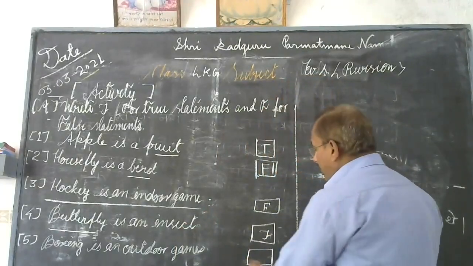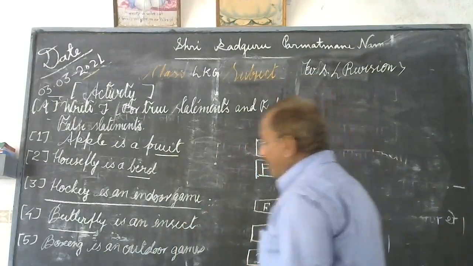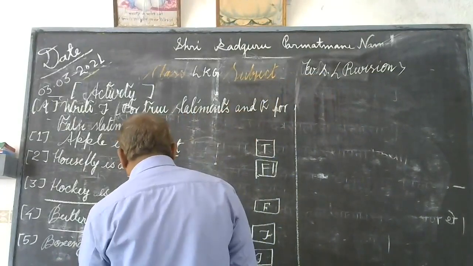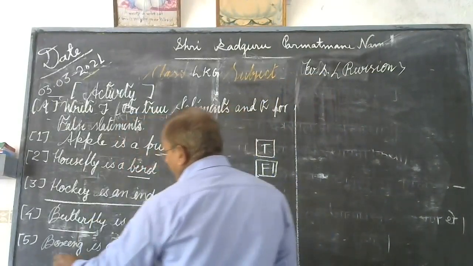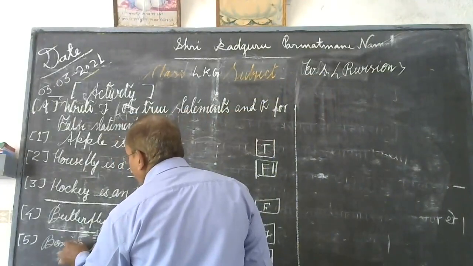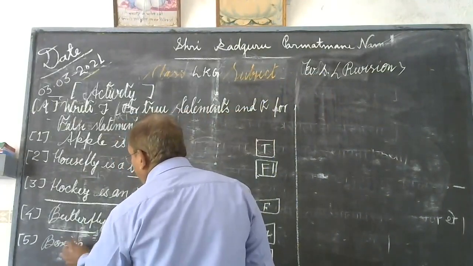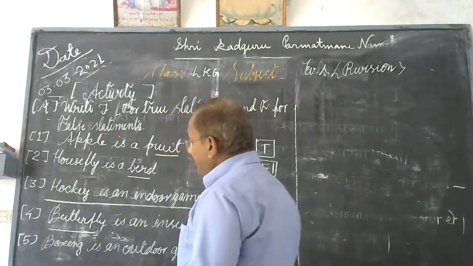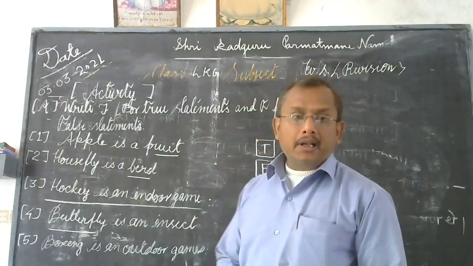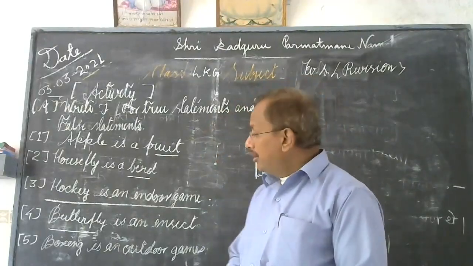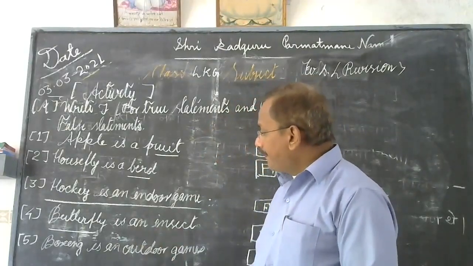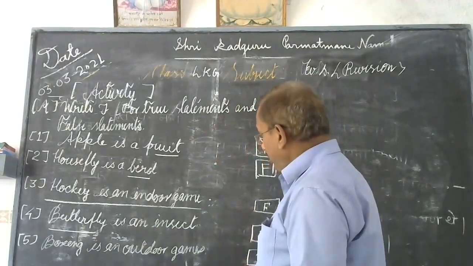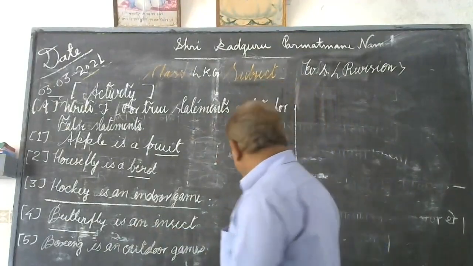You will write T here. Why? Because we have studied that boxing is an outdoor game. We have read so many games: football, volleyball, boxing, hockey, cricket. All these games are known as outdoor games. So only boxing is given here, and we will put T against this sentence. Okay.